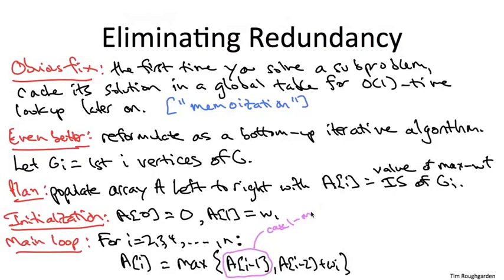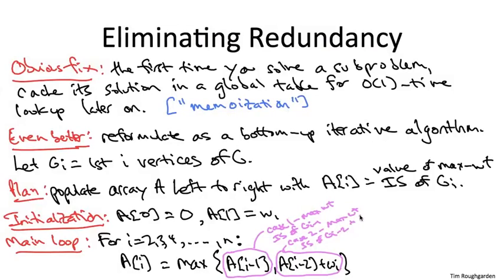If it's not that, there's nothing else it can be other than including the last vertex v sub i and being an optimal max weight independent set for the graph G sub i minus 2. We know it's one of those two things. We don't know which. We do brute force search among the two possibilities.